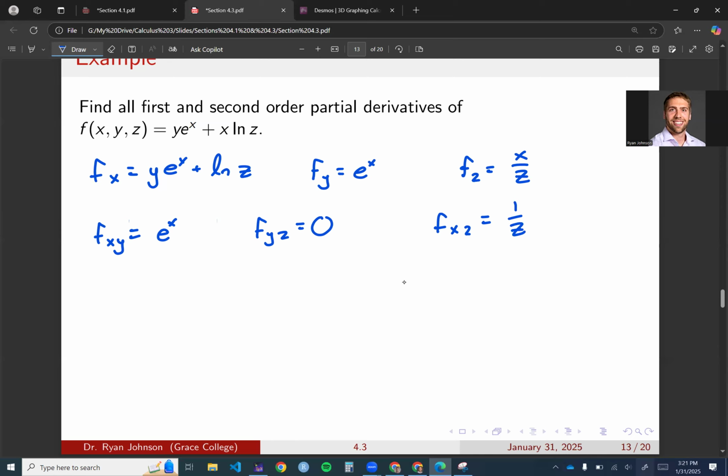Okay. Now, f_xx is still going to be just y times e to the x. f_yy is going to be 0, and f_zz is going to be negative x over z squared.